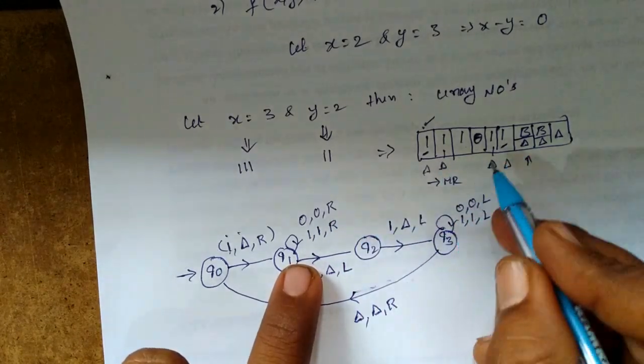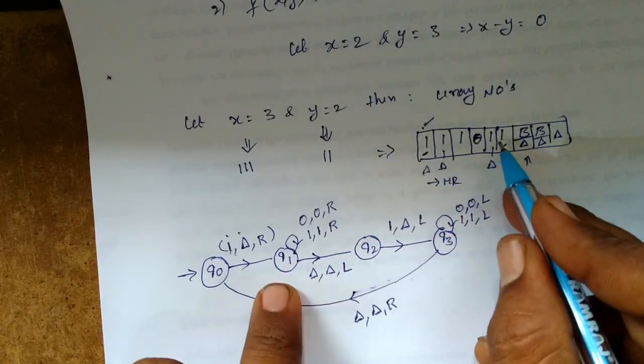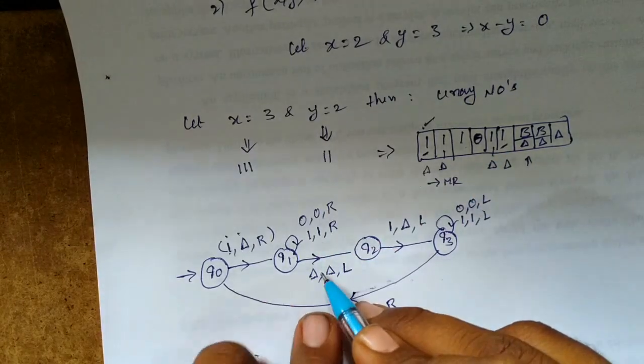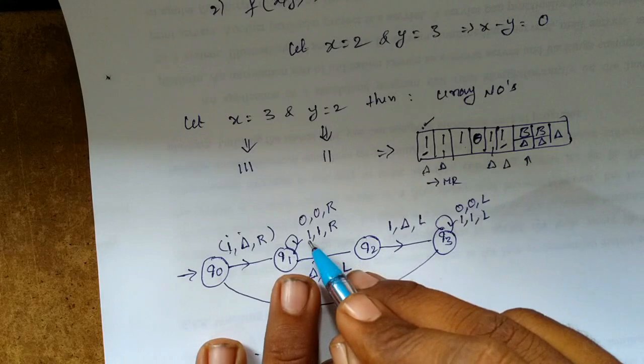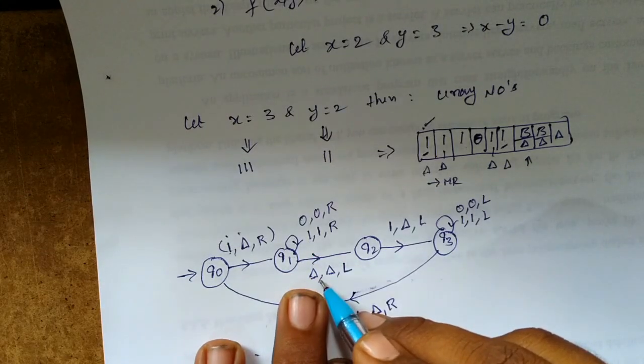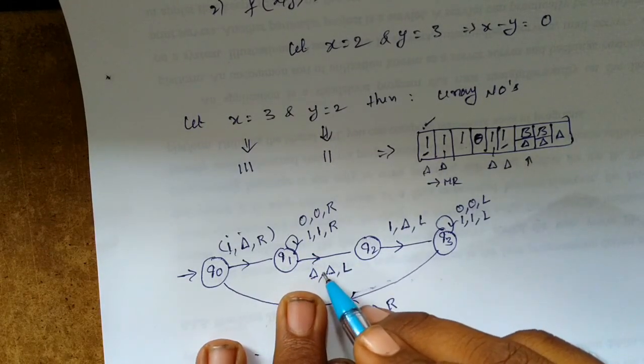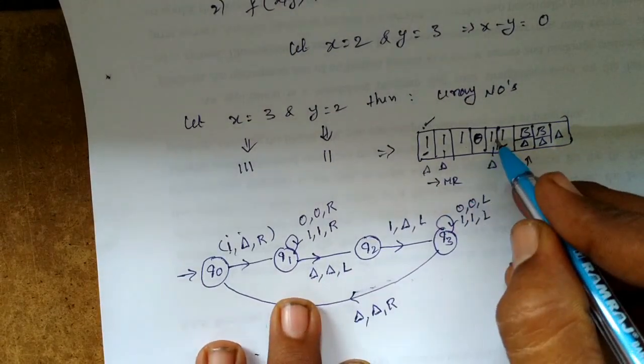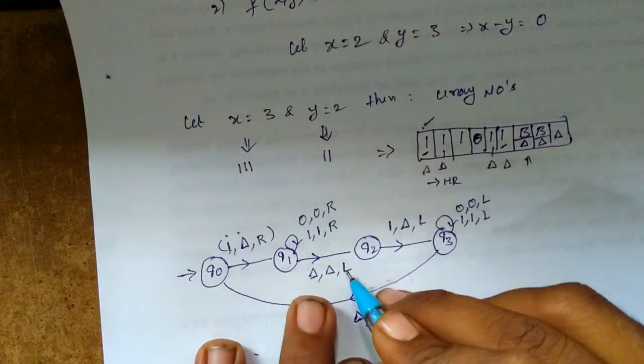But after that we are expecting 1 actually, but here it is del. So after 0 immediately we are getting del, and then move left. So after 0 immediately del and then move left.